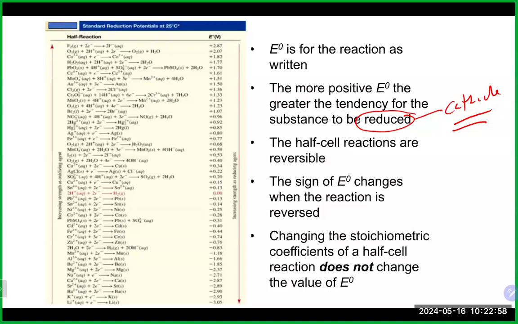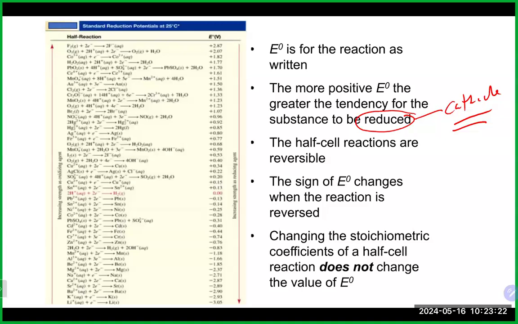But lacking any of that information, and just simply these are the two things you built the cell out of, and you want to choose one that's going to give you perhaps a spontaneous reaction at some positive voltage, take the one that is more positive as your cathode. That's going to create the proper pull for those electrons to go to the other side and get you a pretty good functioning galvanic cell.